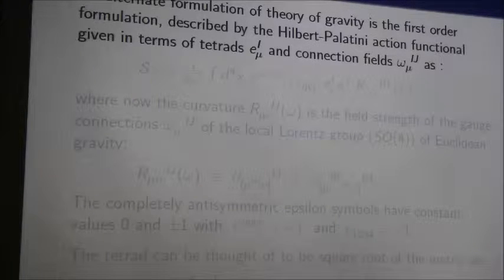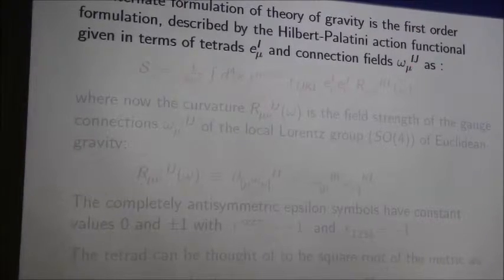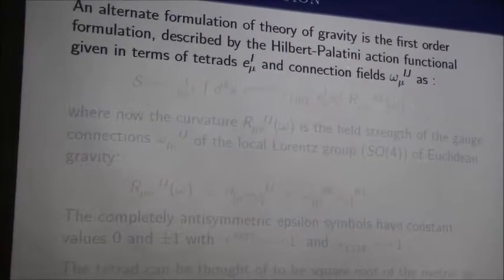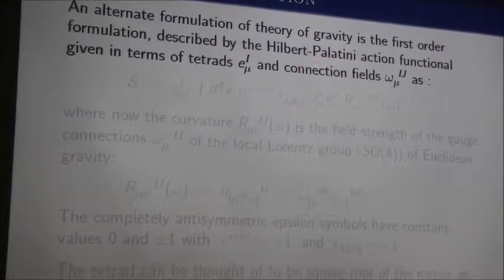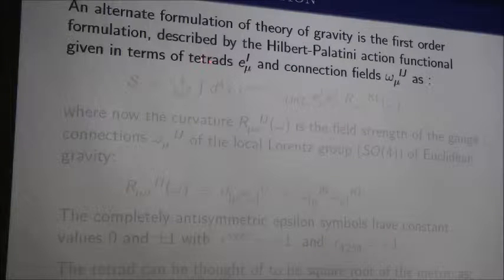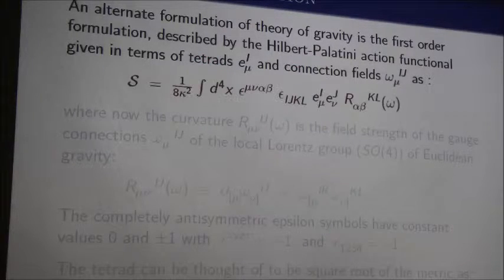So an alternate formulation of the theory of gravity is the first order formulation. It is described by the Hilbert-Palatini action functional. In this action functional, we have two independent fields, tetrads and the connection field. The action is the integral of d^4x epsilon mu nu alpha beta epsilon ijkl, tetrad e mu i, e nu j, and R alpha beta kl.